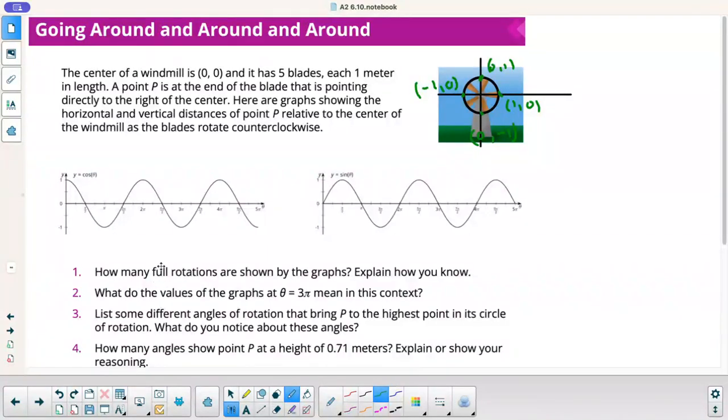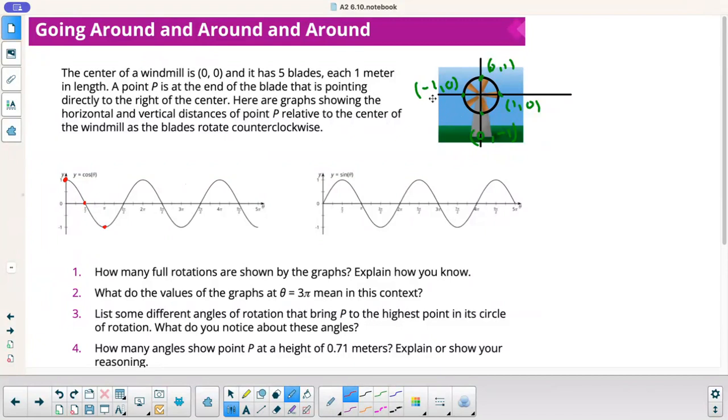Okay, so how many full rotations are shown on the graph? So it's like we start here at 0. So this is horizontal distance. So I start at 1, which is why I start up there. And then at pi over 2, I'm at 0. So that would be right there. And then I go to pi, I'm at -1.